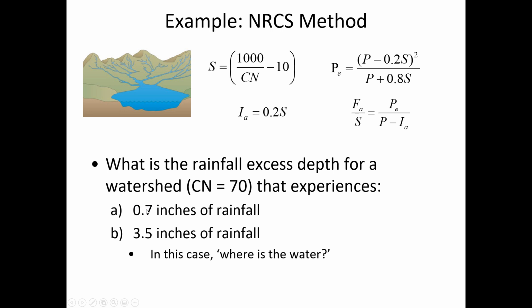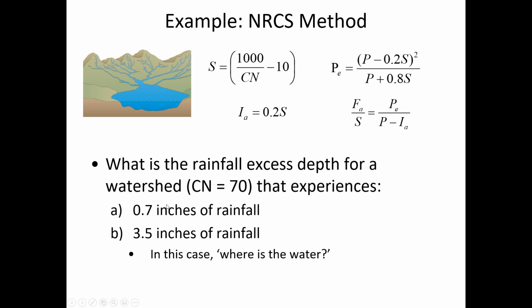The first is if there's 7/10 of an inch of rain in this watershed, which has a curve number of 70. And remember, what we have to do is determine whether the initial abstractions have been satisfied. So this 0.2 times the storage, if the precipitation is less than that, then you don't use the NRCS equation.